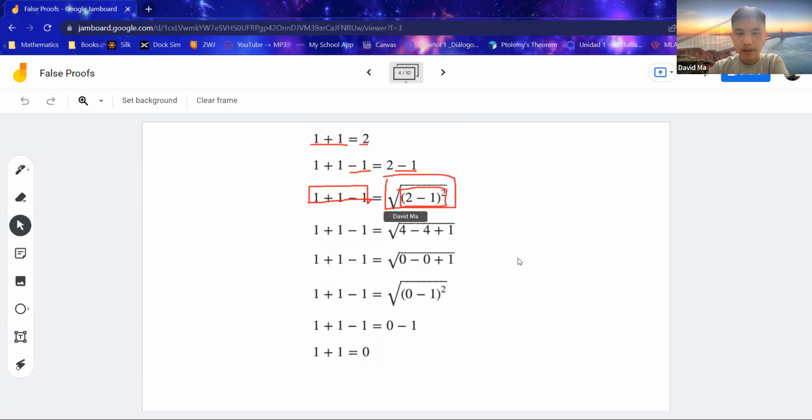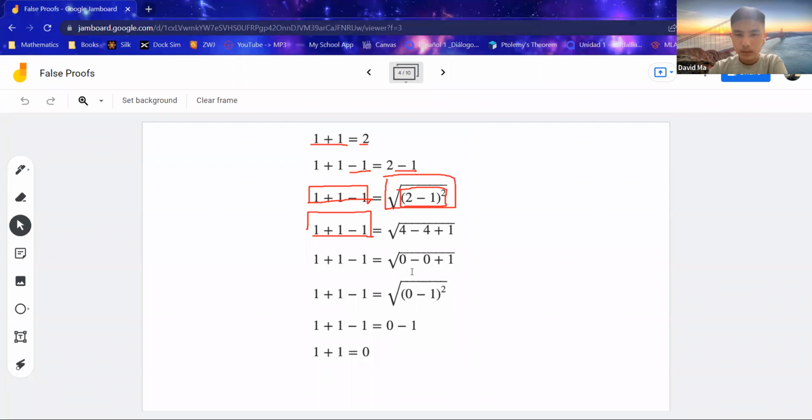A square and a root should cancel each other, and the results should be the same. The left-hand side is still the same, but on the right-hand side, we expand this.